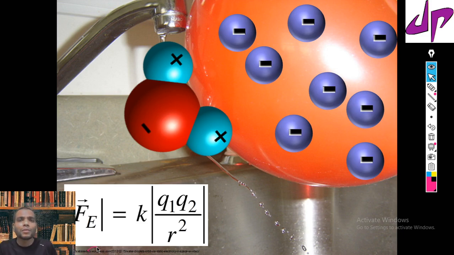You know the meaning of torque: two opposite forces act on an object, so the object twists. The same thing happens to the water molecule, or to dipoles present in an electric field. So today's concept is the torque acting on an electric dipole in an electric field.